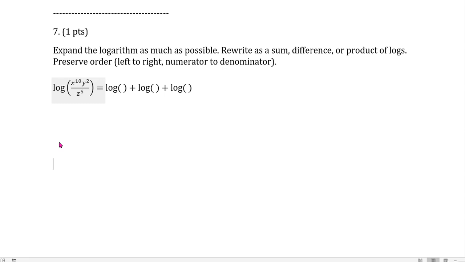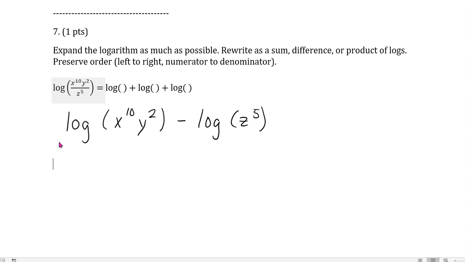In this particular case, the first thing we deal with is the fraction. We split it into the numerator and the denominator by writing the log of the answer part of the numerator, x to the 10th y squared, minus the log of the denominator, which is z to the 5th.